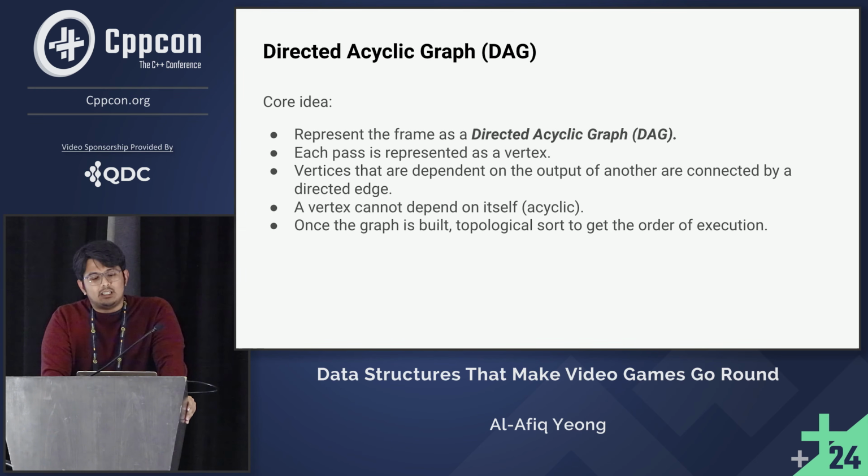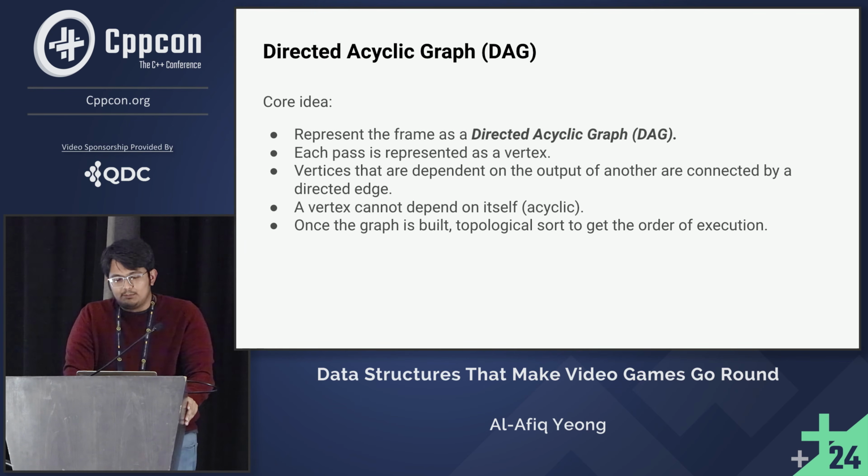Vertices that are dependent on the output of another are connected by a directed edge. For it to be considered a directed acyclic graph, a vertex cannot depend on itself, hence the name acyclic. And once the graph is built, you do a topological sort to get a linear list of sorted elements, and you execute the passes in the sorted order.